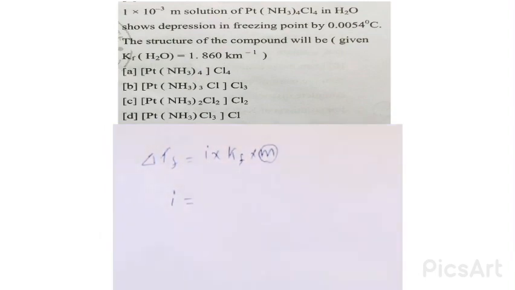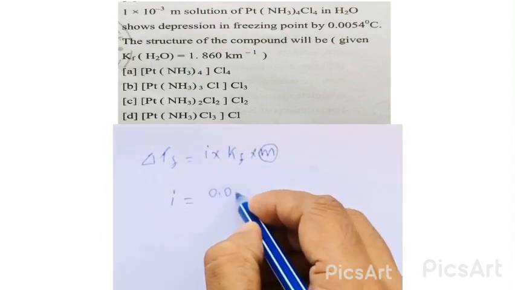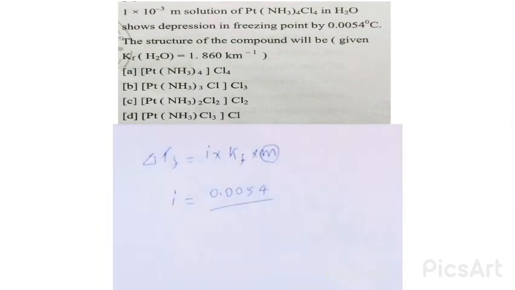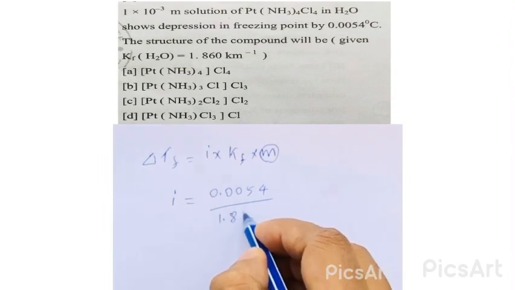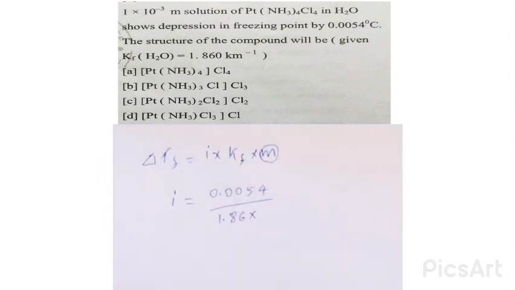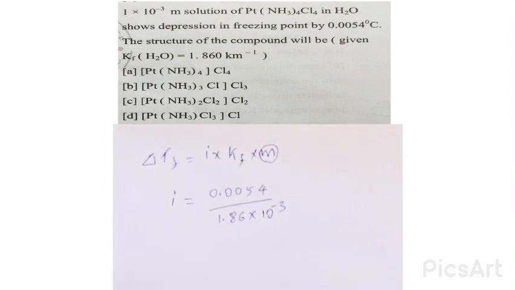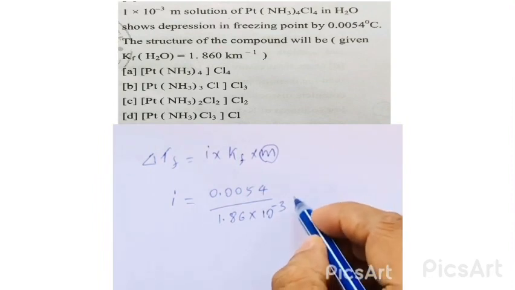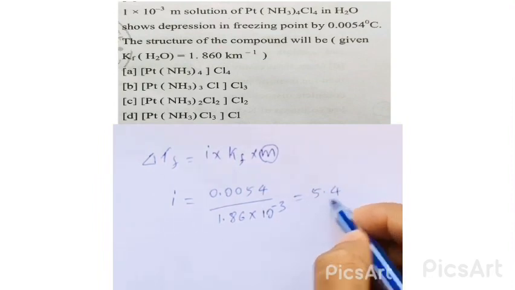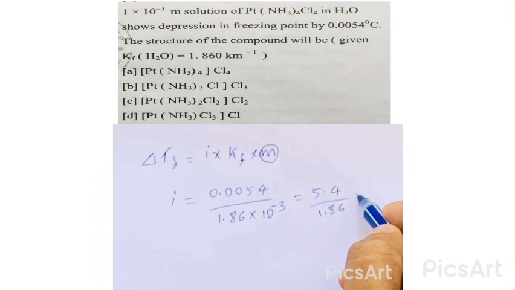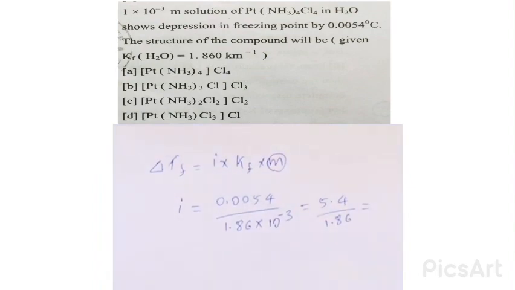What is delta Tf? That is 0.0054. What is Kf? That is 1.86. What is molality? That is 1 into 10 raised to minus 3. If 10 raised to minus 3 is converted, we will get the answer 5.4 by 1.86. This 5.4 by 1.86 is our i factor.